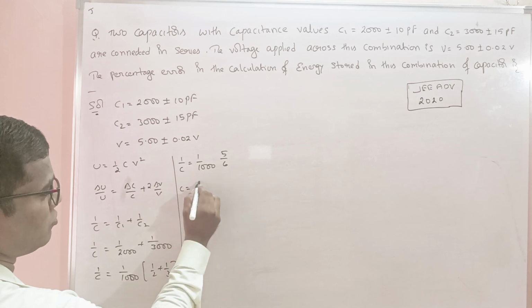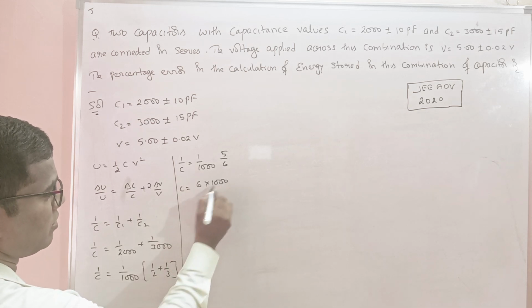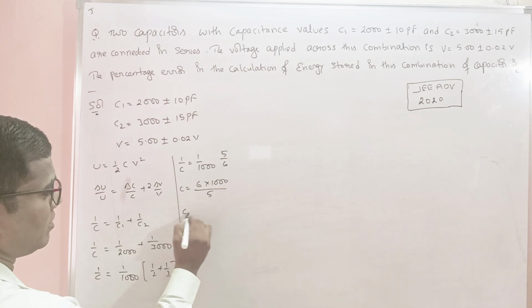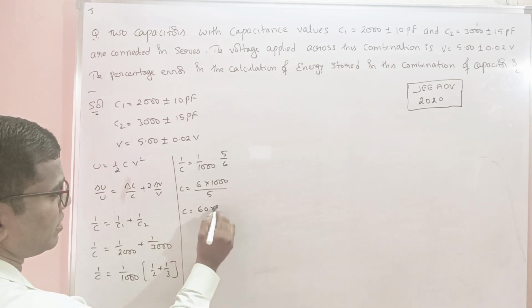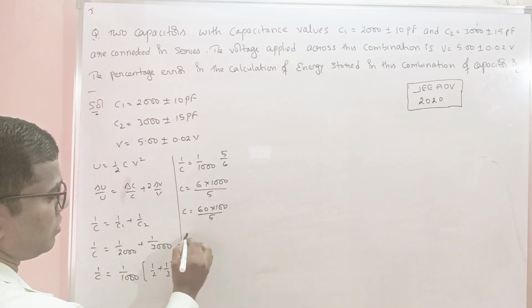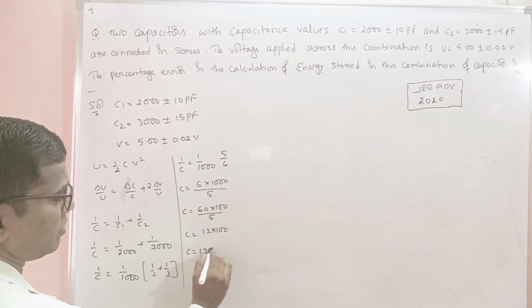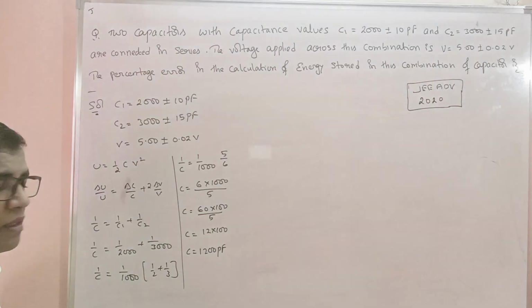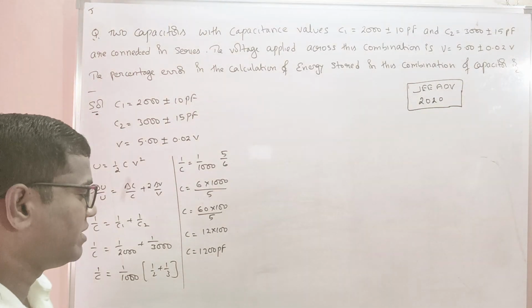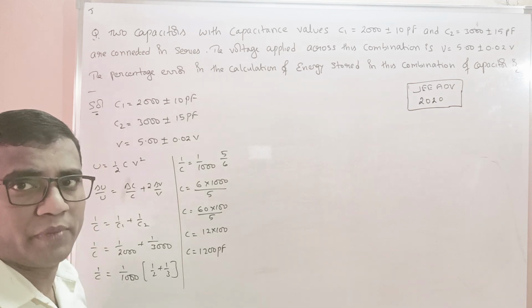So C = 6 × 1000/5, which is 12 × 100. So C = 1200 picofarad. How much C value did we get? We got C as 1200 picofarad.